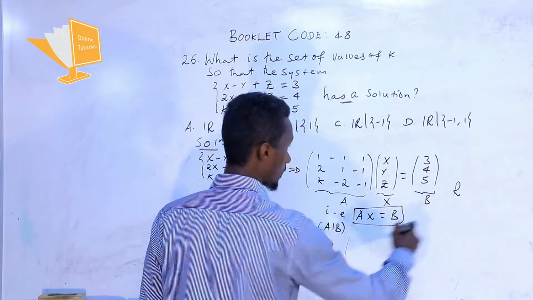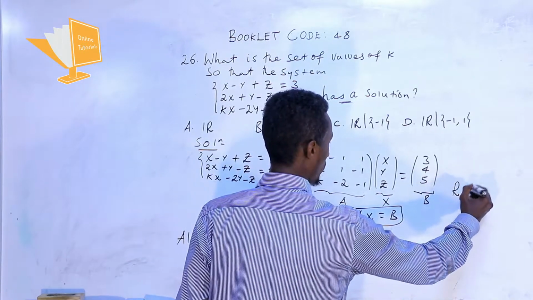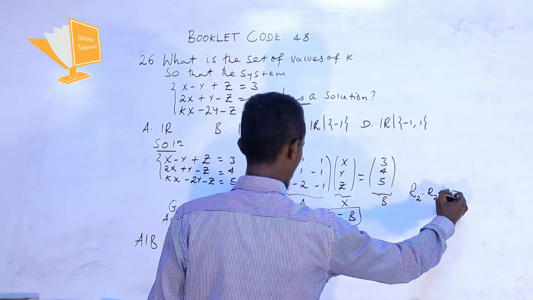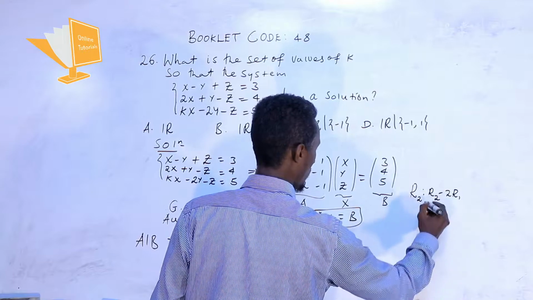Now to find the second row we use this form R2 minus 2 times of R1 እናደርጋለን ማለት ነው.